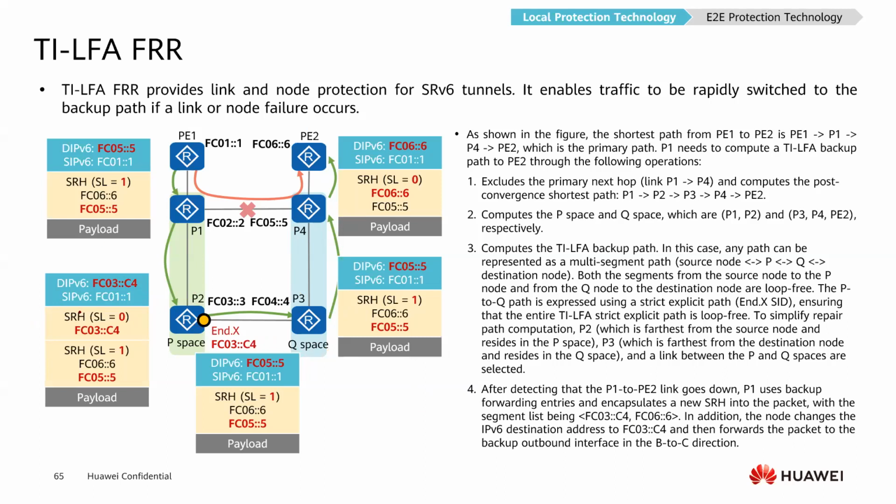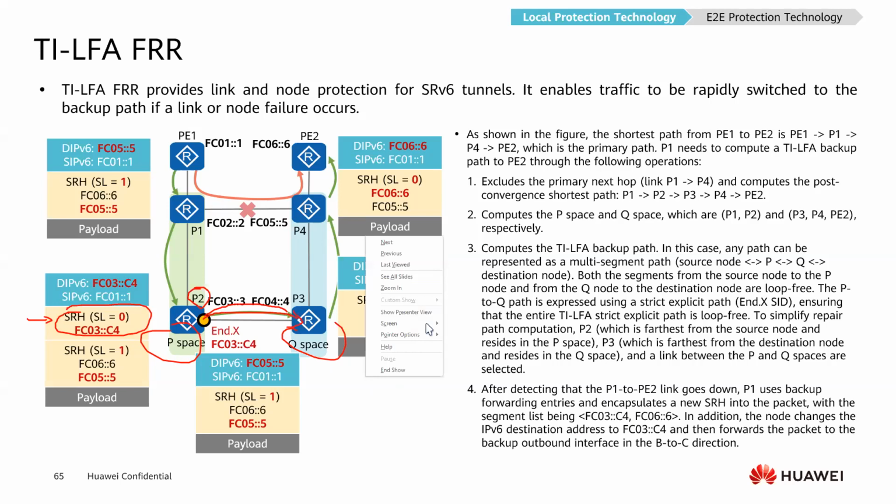They just add an additional header, so we can forcefully forward the packet from P space to Q space. Here we are actually using the SRH. We forcefully forward the packet to this Q space.